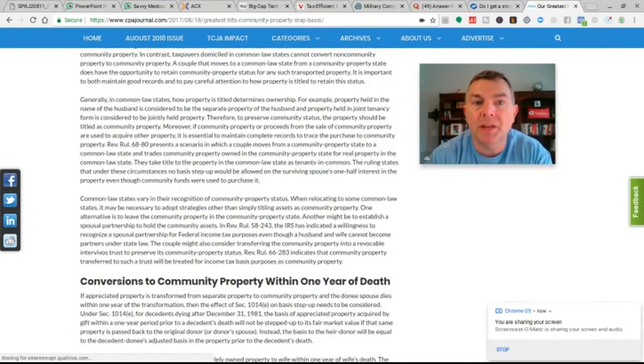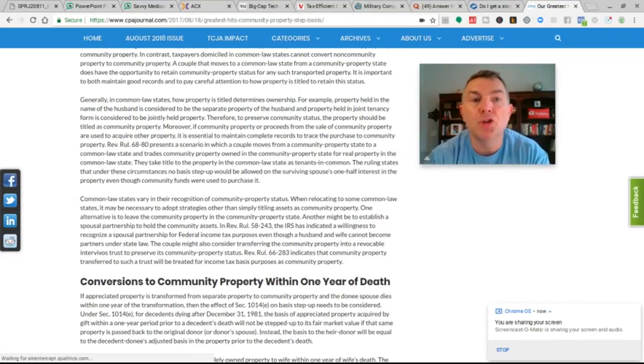Generally, in common law states, how property is titled determines ownership. For example, property held in the name of the husband is considered to be separate property of the husband. Property held in joint tenancy form is considered to be jointly held property. Therefore, to preserve community status, the property should be titled as community property. So we're saying neither: you shouldn't have joint property and you shouldn't have separate property.